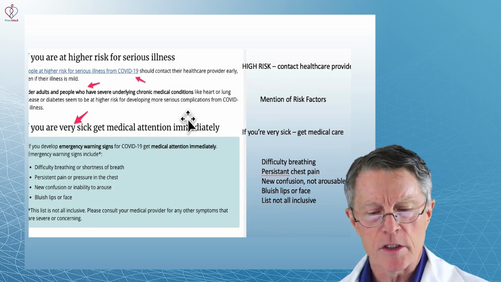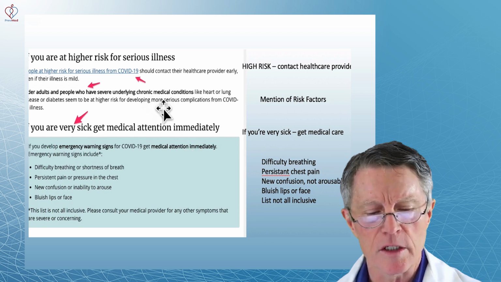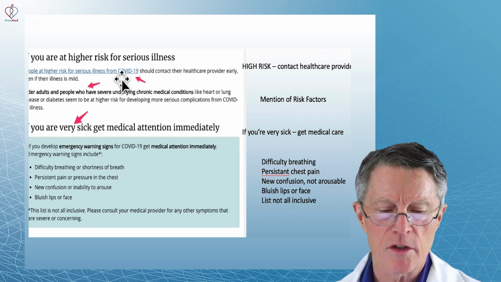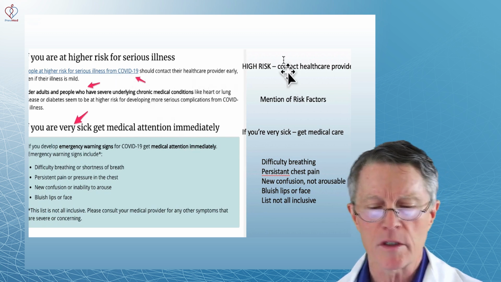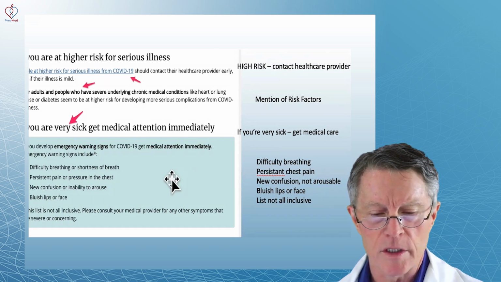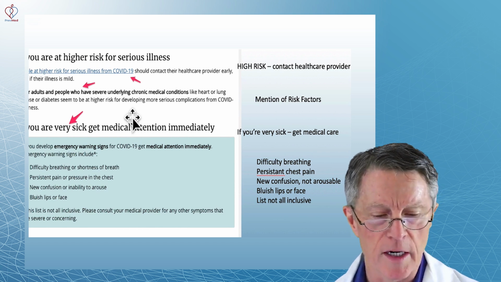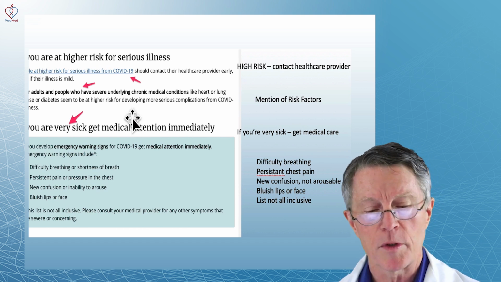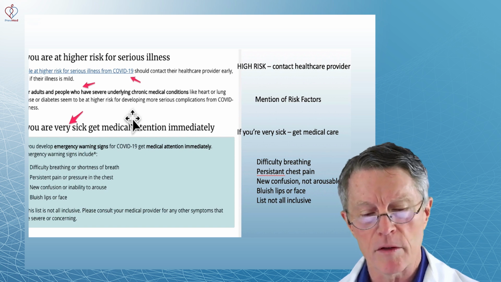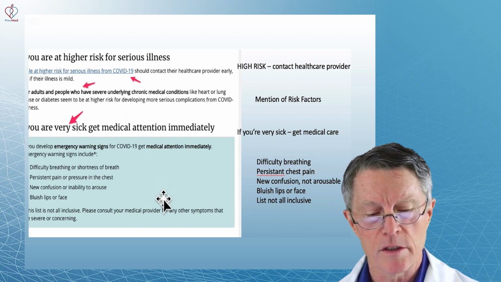So here's some of the symptoms again in a high-level summary that it gives you. If you're at higher risk for serious illness, it goes into what the high-risk components for a serious illness are. Obviously, it has to do with risk factors, and the next section talks about risk factors. Older adults, people with severe underlying chronic medical diseases like heart or lung disease or diabetes are at higher risk.